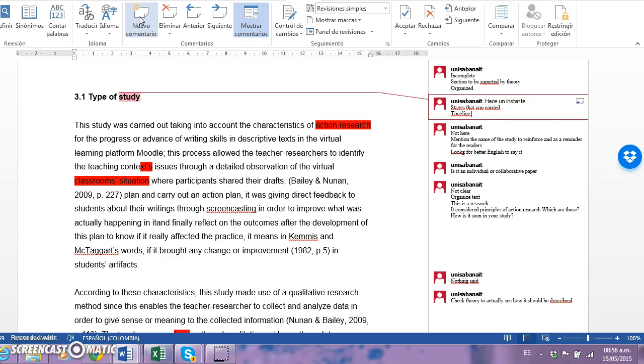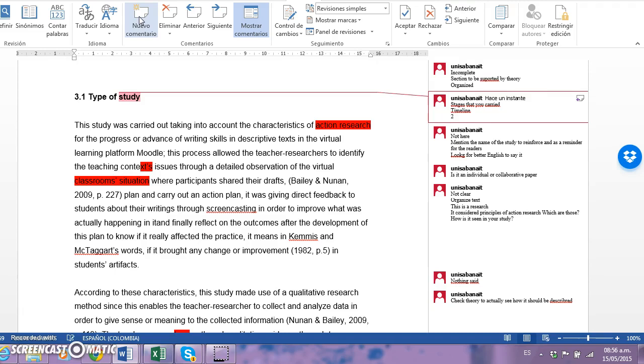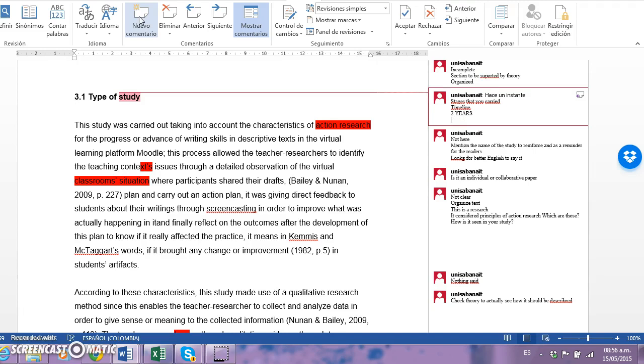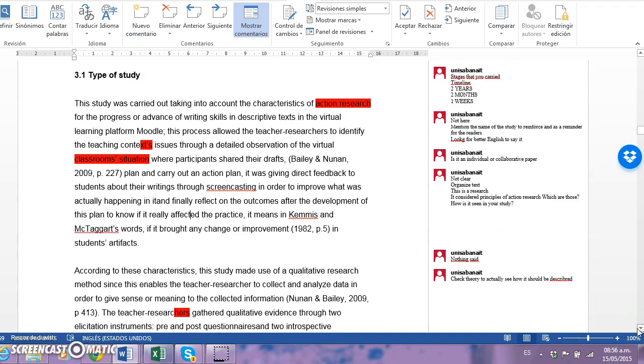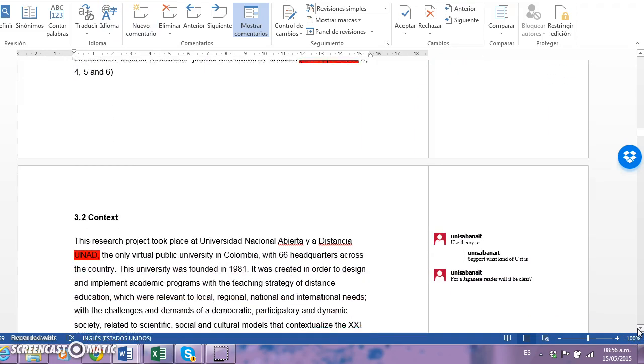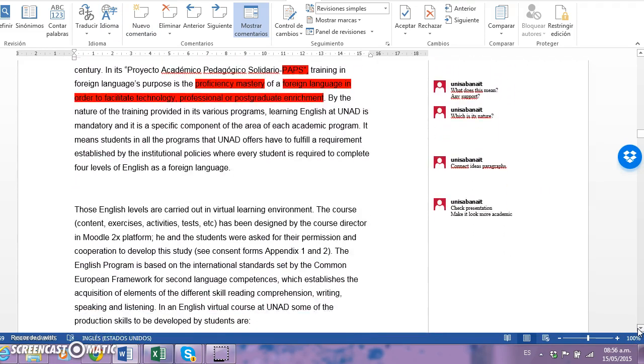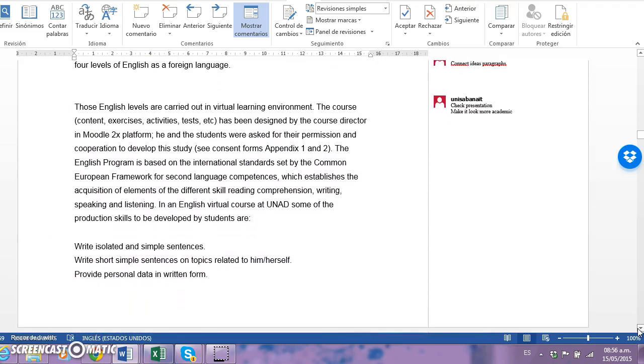So far, we don't know if the study took place in 2 years, 2 months, 1 week, so it's not clear because you have not mentioned that. So it's very important for the reader to know what kind of study this was, and how long it took. So attention to that.